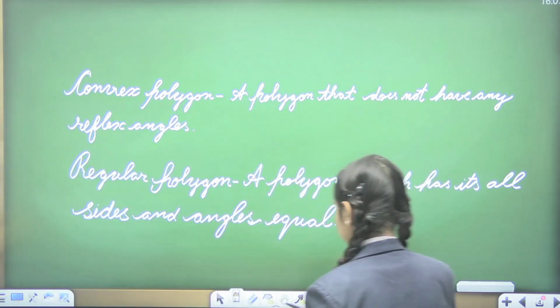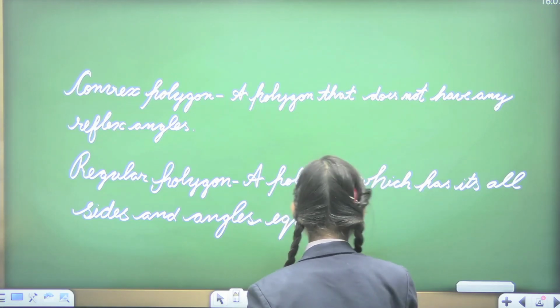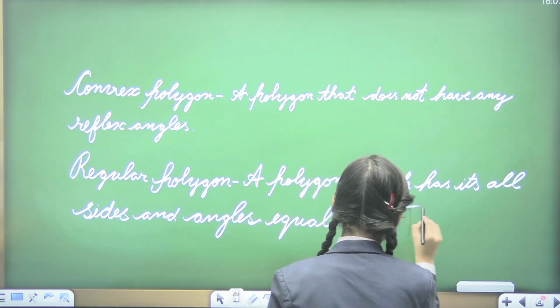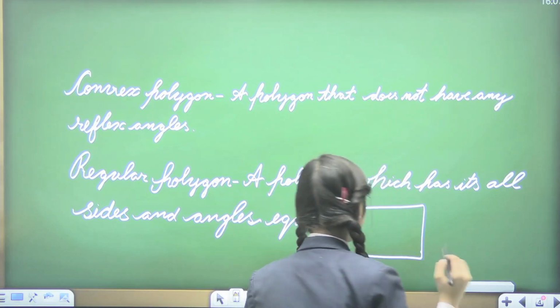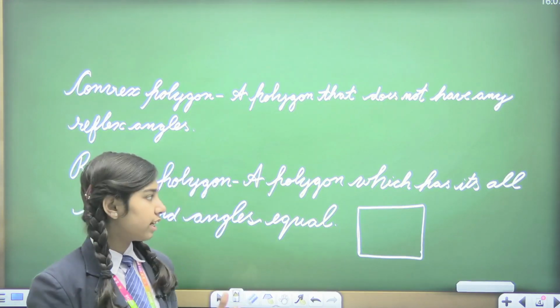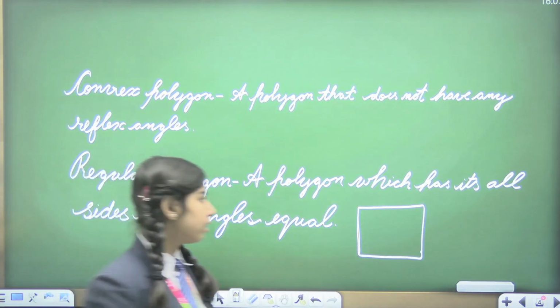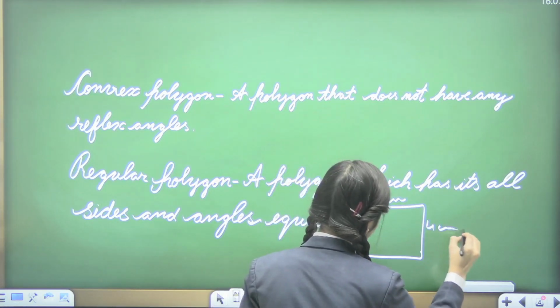Like we all know that a square has all its sides equal. Like if this one is 4 centimeter, then this one is also 4 centimeter.